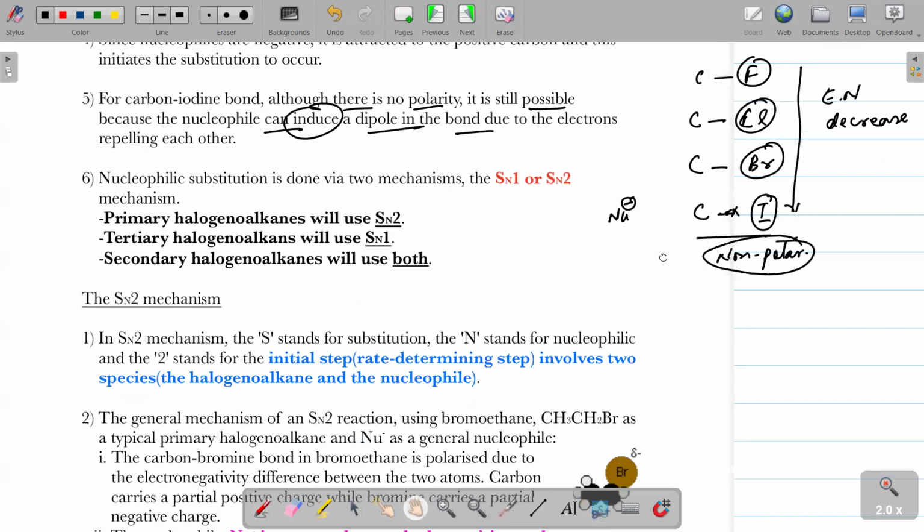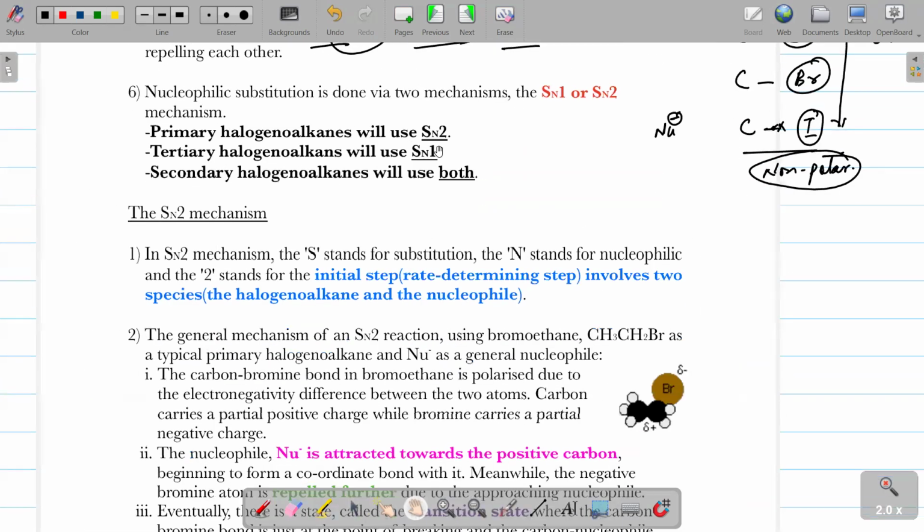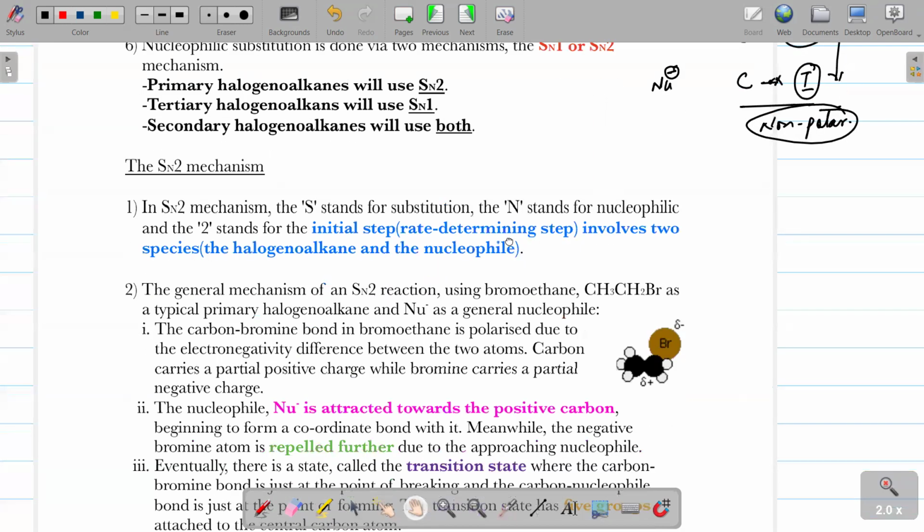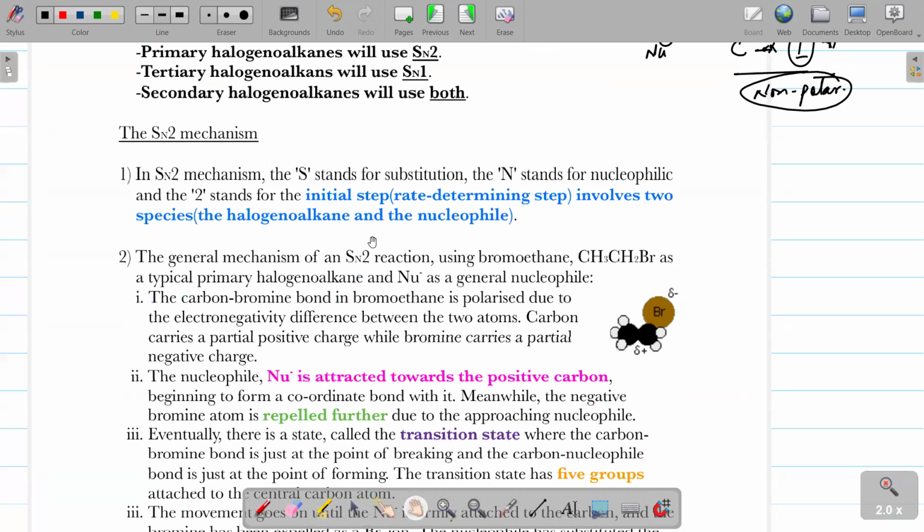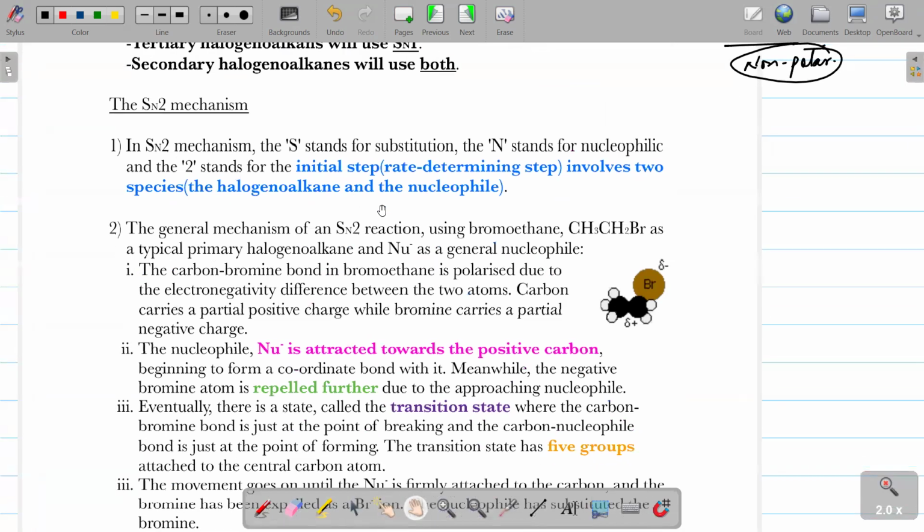Now, as I explained earlier, there are two types of nucleophilic substitution reaction, SN2 and SN1, and we have done SN2, which is shown by the primary halogenoalkanes. SN2 mechanism, the main property of this SN2, that is a single step reaction. Is it clear?